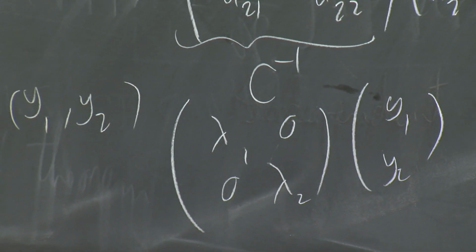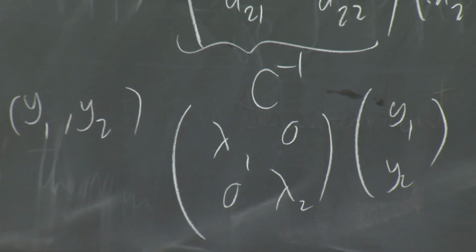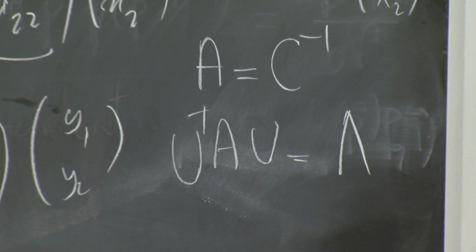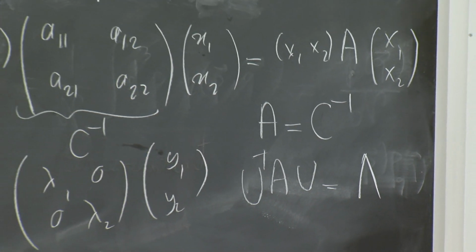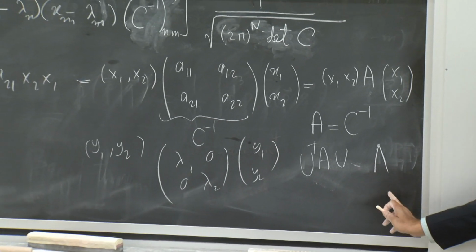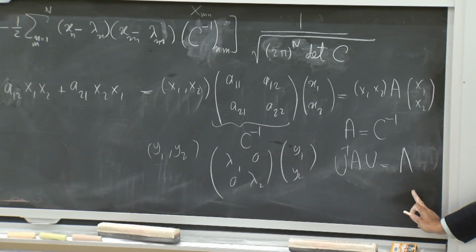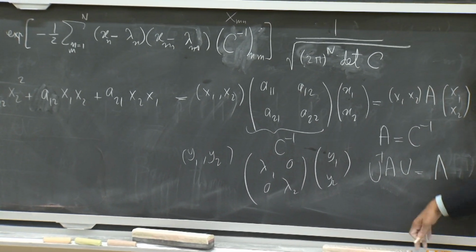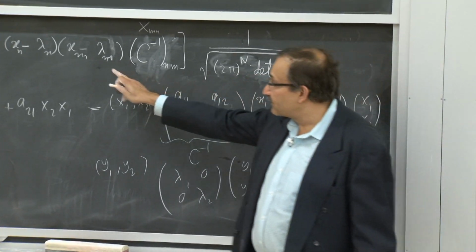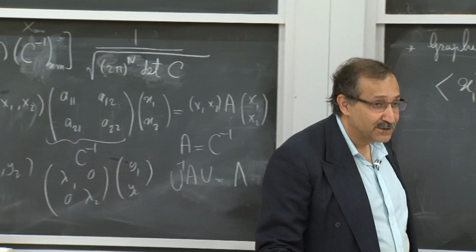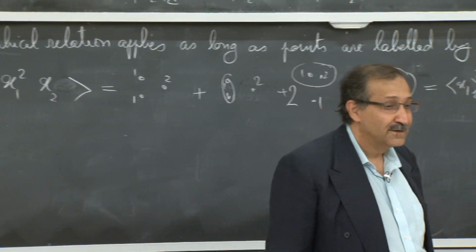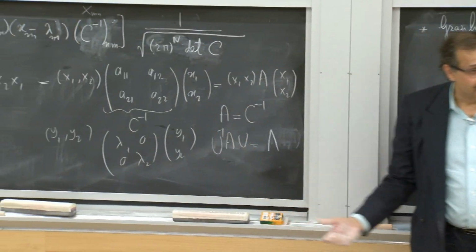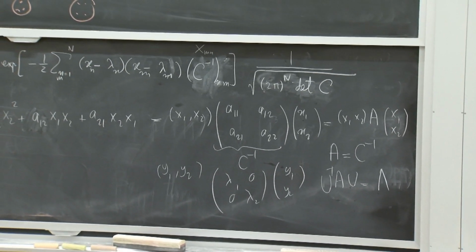For any matrix, I can find some u such that u A u dagger is this diagonal matrix lambda. Under these procedures, one thing that does not change is the determinant. It's always the product of the eigenvalues. The way I set up the problem, without cross terms, I knew the answer to be the product of the eigenvalues. So I can start from there, do a rotation, and have the more general form. The answer would stay as the determinant.